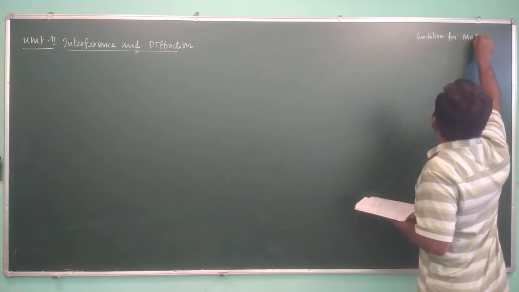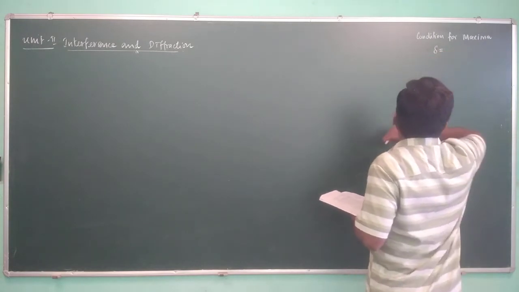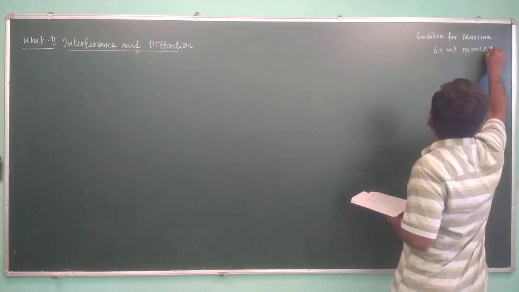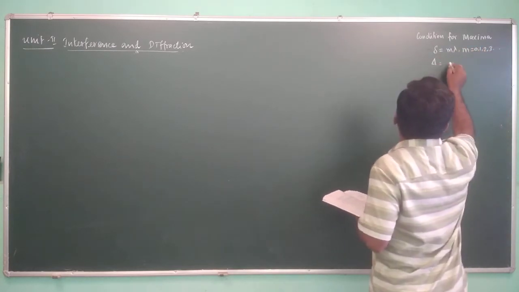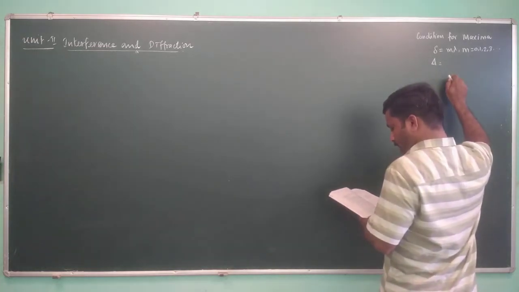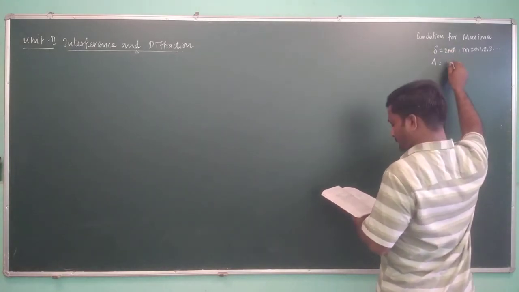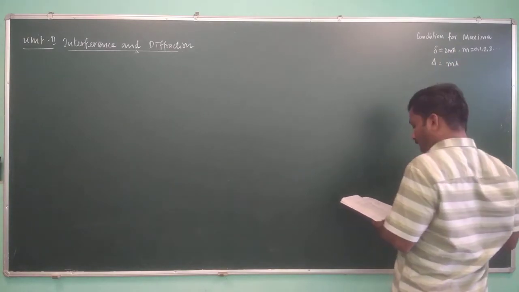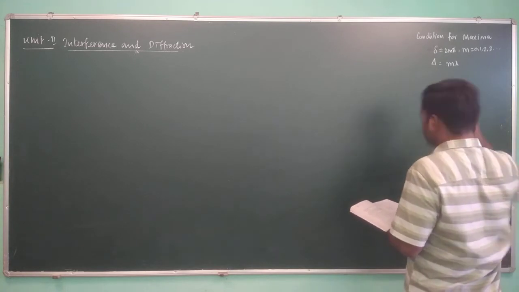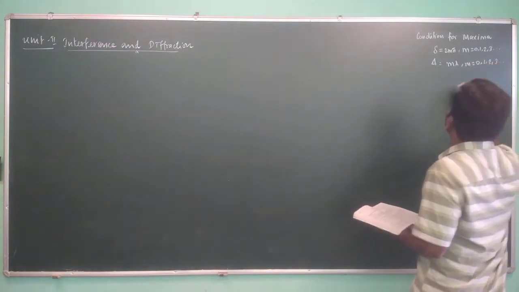Condition for maxima: phase difference delta happens for 2m pi, and for path difference we can write m lambda, where m equals 0, 1, 2, 3 and so on.